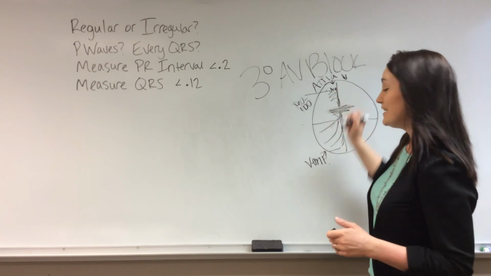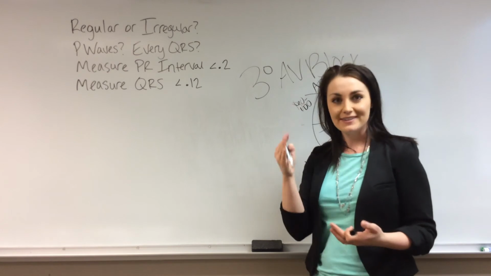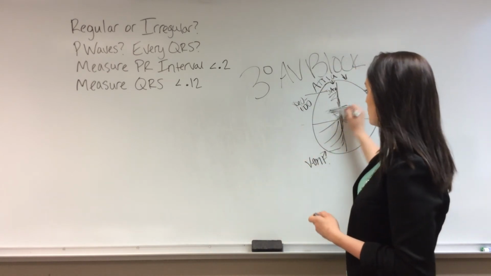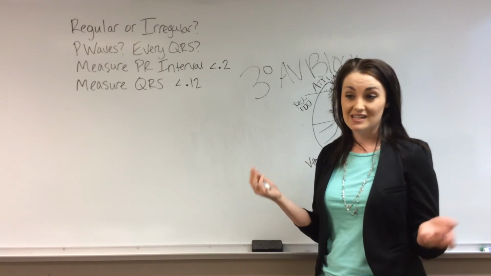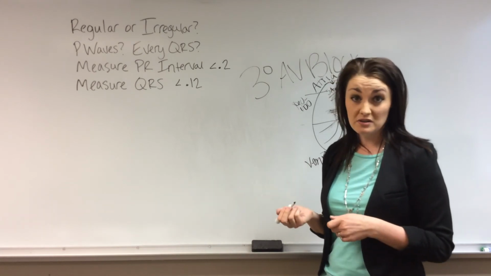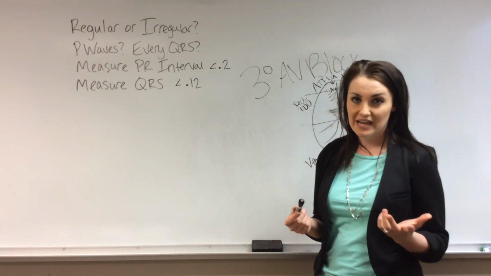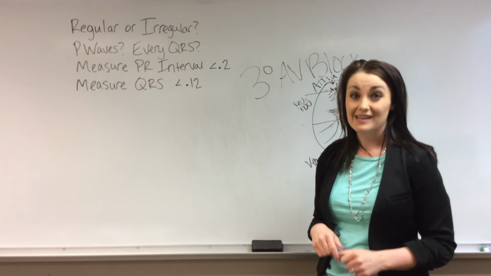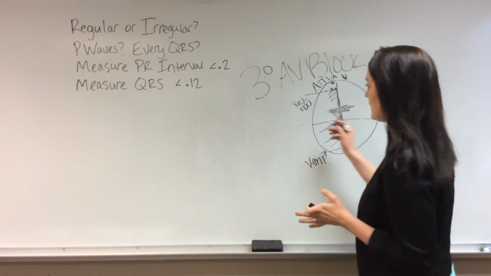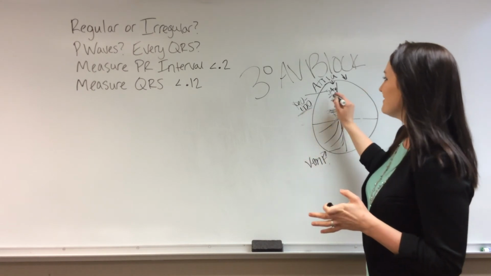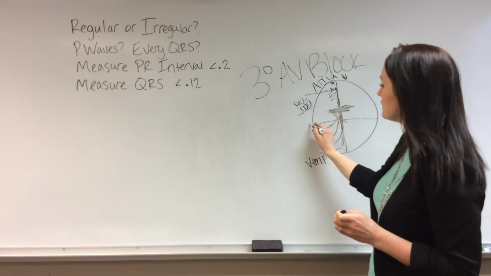The SA node is firing just like it wants to, and it might be firing pretty regularly. There's no communication with the ventricle, so the ventricle is left to its own devices, and it just beats how it wants to. What results is this third degree AV block, and the problem is that it's slow. Remember we said our rate we want is 60 to 100 up in the SA node.